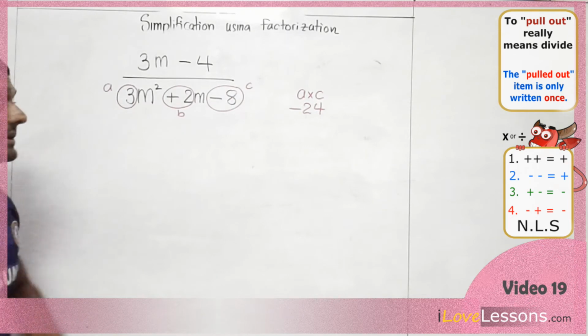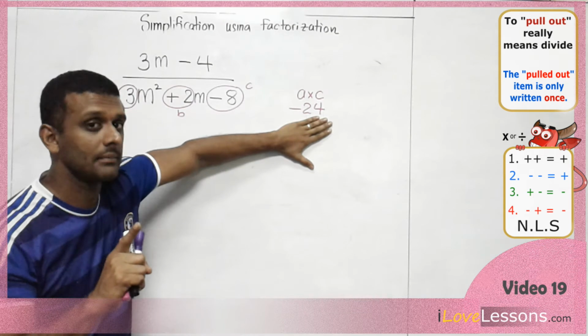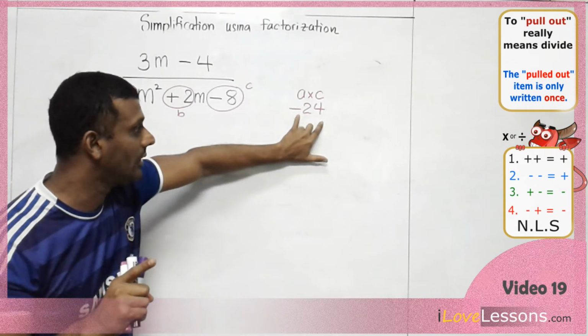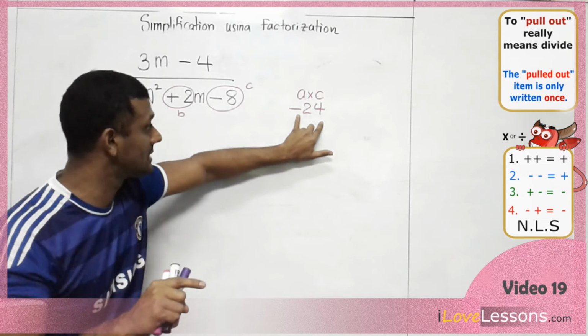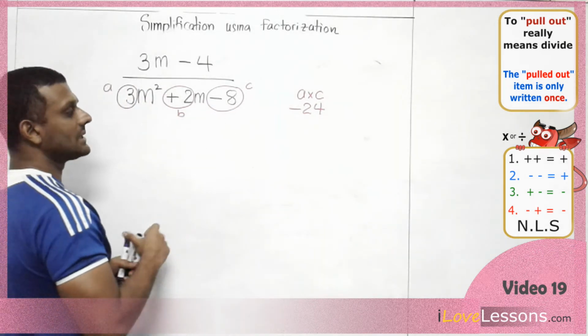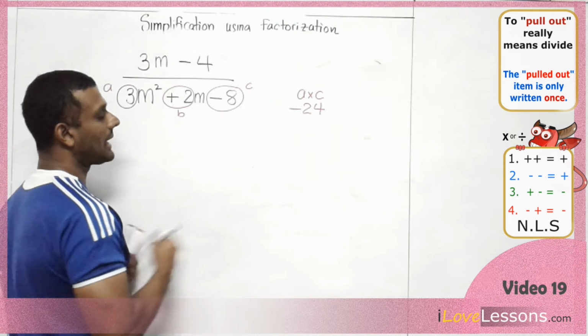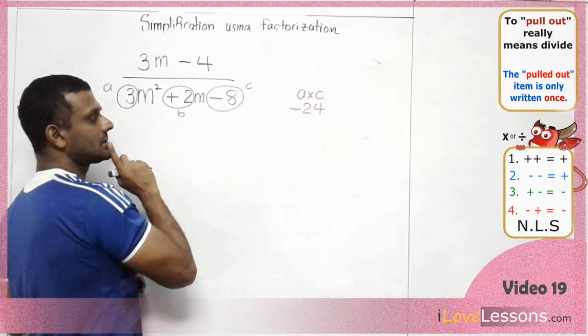Now, your job is to figure out what two numbers multiply to minus 24, but add to give the middle item, b. So what two numbers multiply to minus 24 and add to 2?